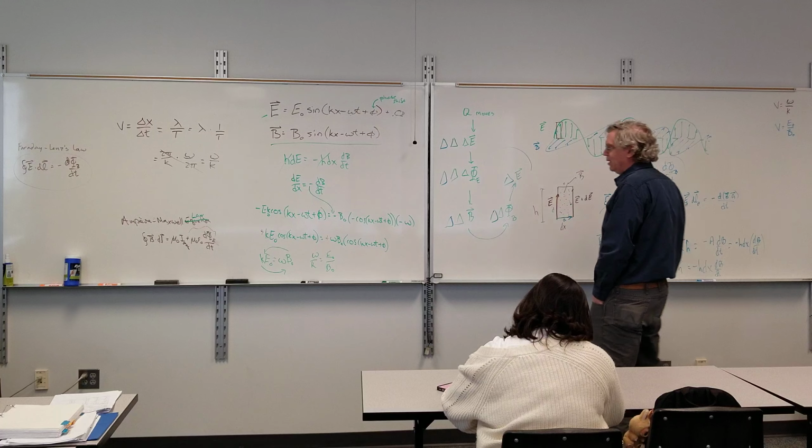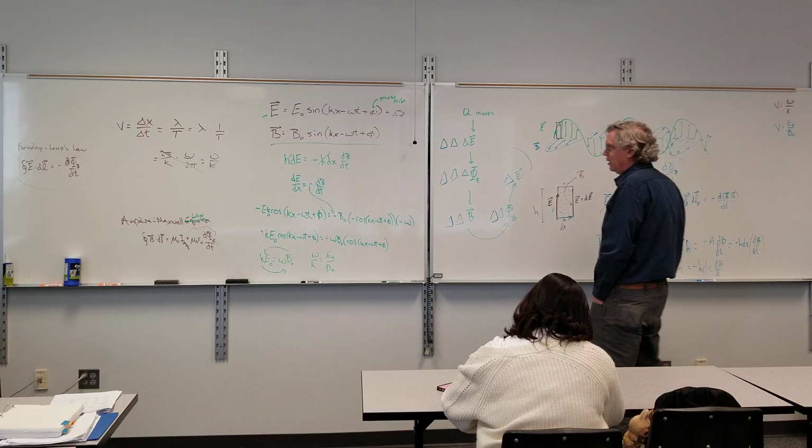This time, so I have my electric field, so where I've drawn my rectangle there, my electric field is up, my magnetic field is coming out. I'm going to do something similar, except I'm going to tilt it. So my magnetic field is up, my electric field is going away from us.